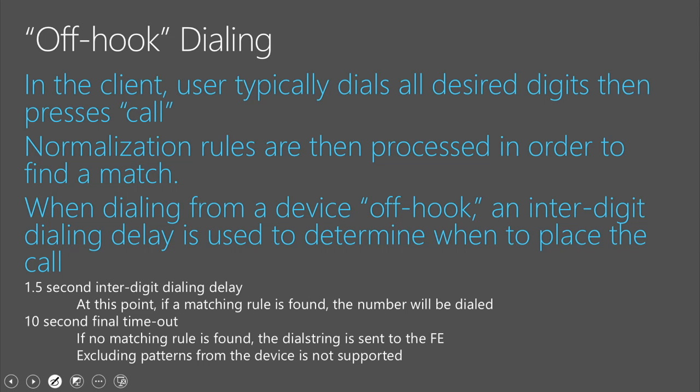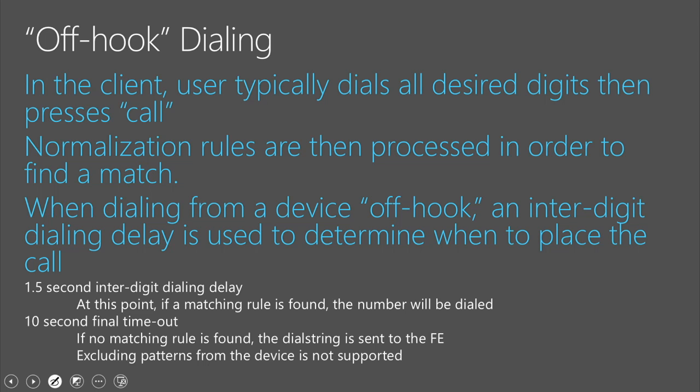But we have IP phones, and on IP phones, generally when people dial a phone, they'll take it off hook first, listen to the dial tone, and then dial the number. And the issue here is that the phone needs to make a kind of a guess about when they're done dialing and when the call should be placed. And we're trying to trade off waiting too long versus not waiting long enough and cutting them off in the middle of their dialing.